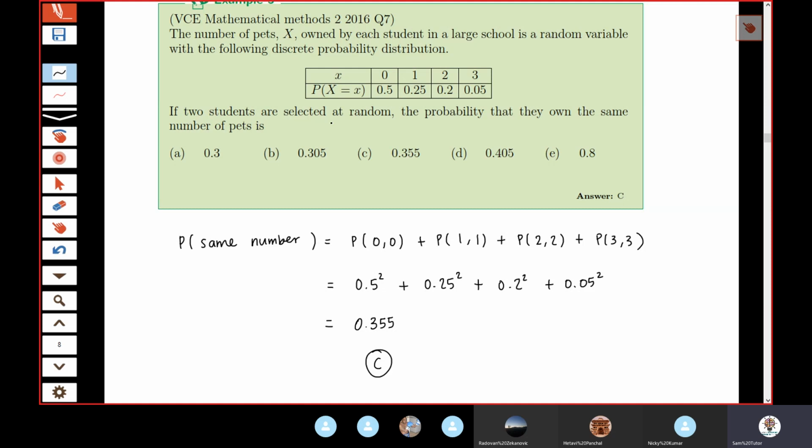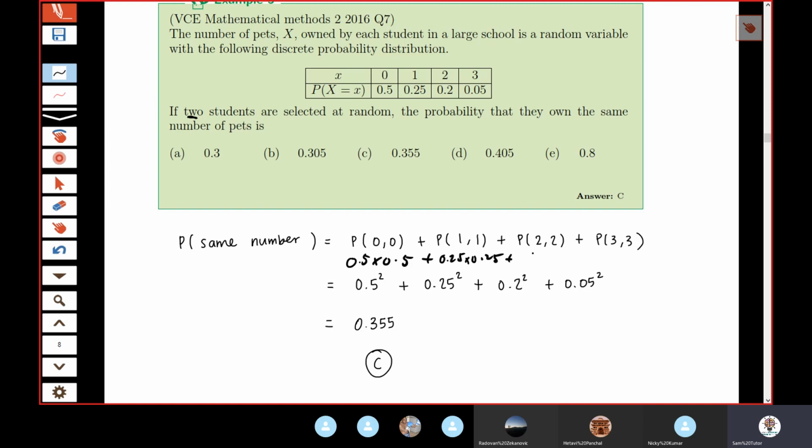If 2 students are selected at random, the probability that they own the same number of pets is, there's 2 of them, the same number of pets. That means they can both have 0 pets, or 1 pet, or 2 pets, or 3 pets. So that's 0 pets, so 0.5 times 0.5, plus, or the first guy could have had 1 pet, and the second guy had to have 1 pet as well.